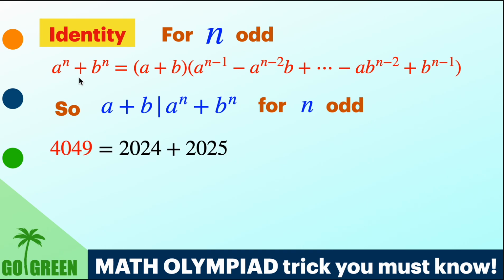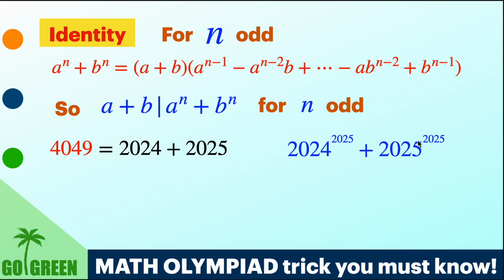Now what are our numbers? 4049, which is 2024 plus 2025, and the other big number, 2024 to the power 2025 plus 2025 to the power 2025. Here we take A to be 2024 and B to be 2025, and n is 2025. So n is in particular odd, therefore A plus B must divide A to the n plus B to the n.